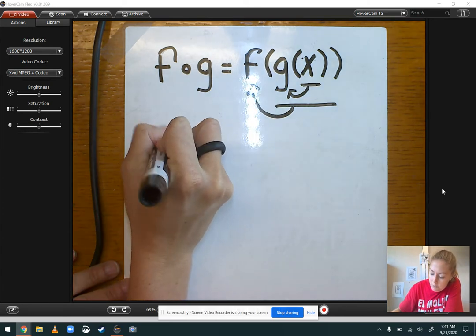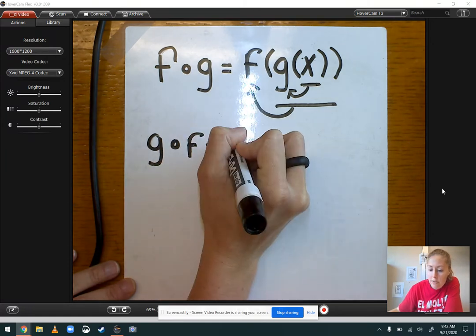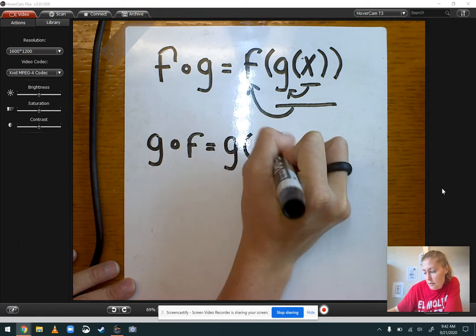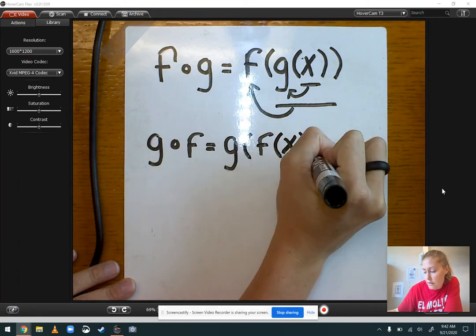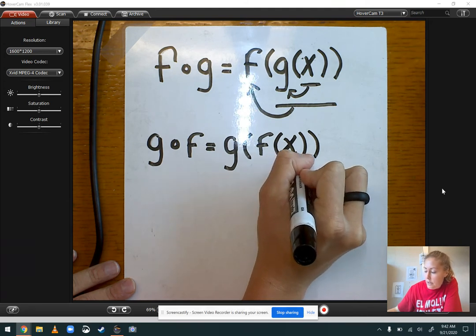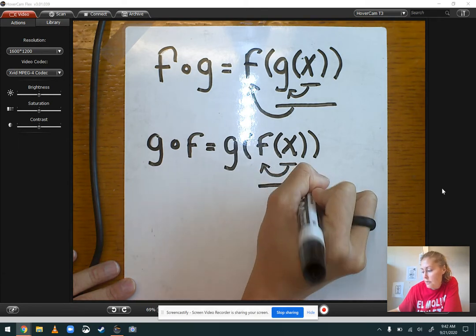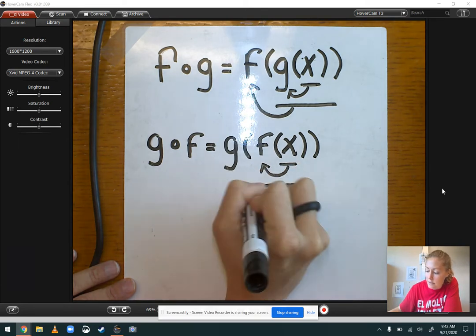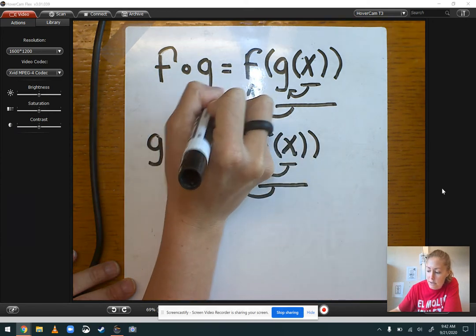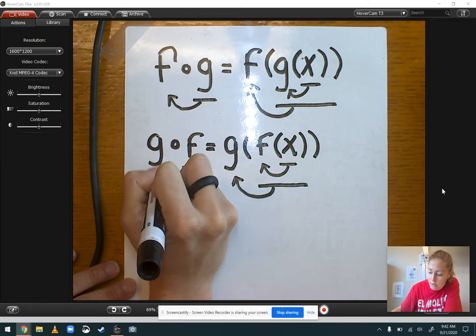If we have g circle f, that means we're going to find g of f of x. Same idea. We take the value for x, plug that into the x value of f, find that value, and plug that value into the x of g. So we always take the second value and plug it into the first. Second into the first.